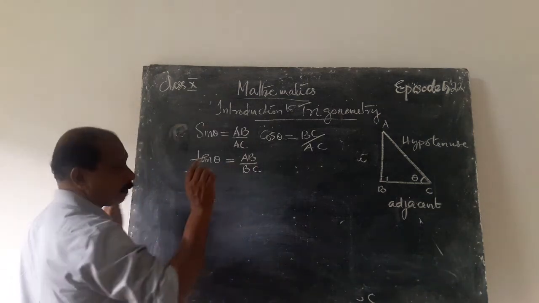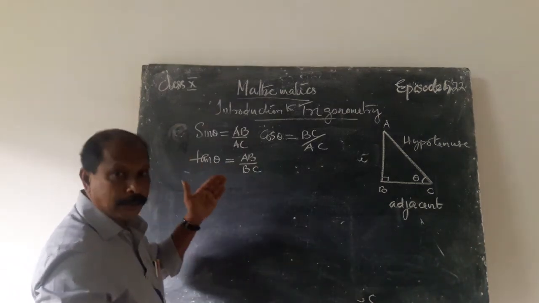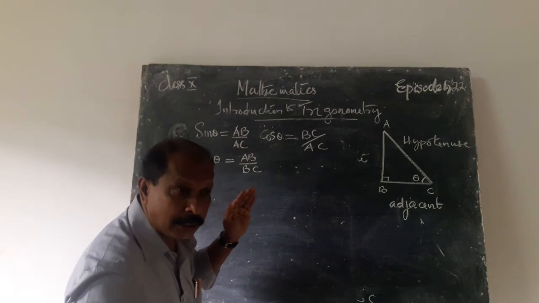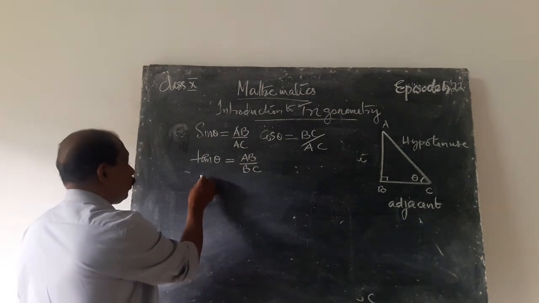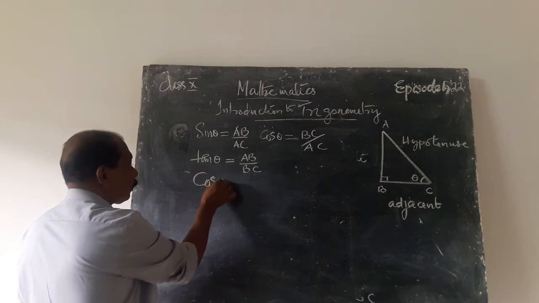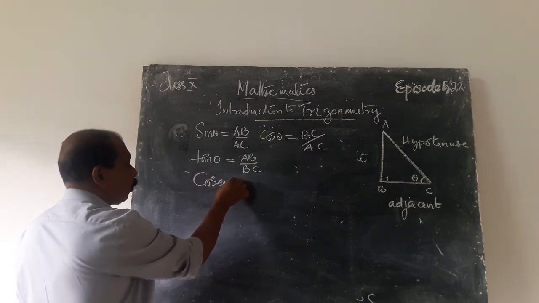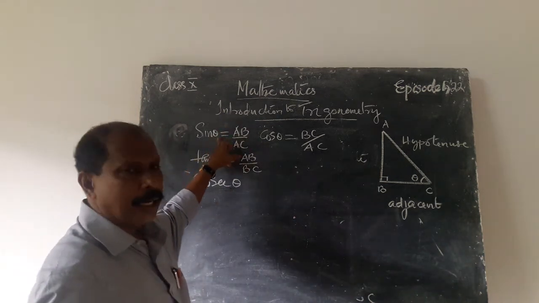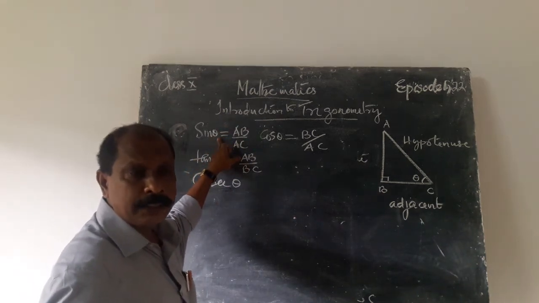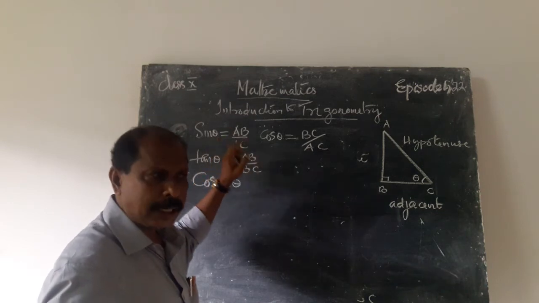Therefore, there are 3 basic trigonometric functions and also there are 3 reciprocals. They are cosecant theta, short form cosec theta. That is the reciprocal of sin theta. Cosecant theta is the reciprocal of sin theta.